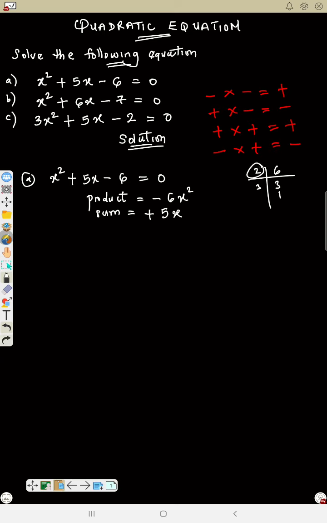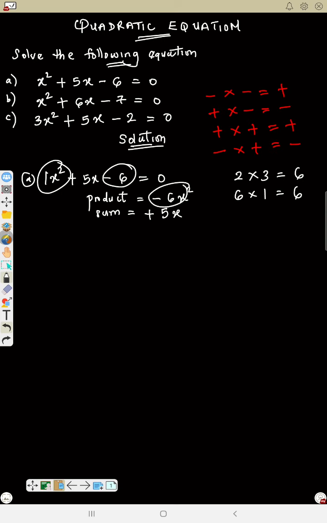Now what are the two factors? We have 2 times 3 gives you 6, and again 6 times 1 gives you 6. But if you look at this, we said the product is 1s squared times minus 6, that is minus 6s squared, while the middle one is the sum. Now our product is minus, but the factors we got are plus. How can we achieve minus in our product?